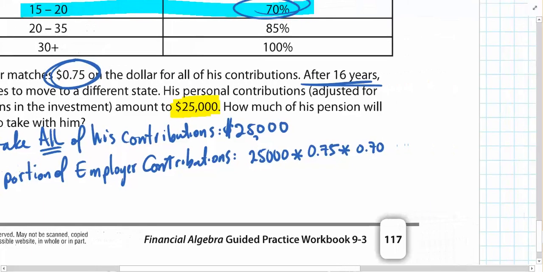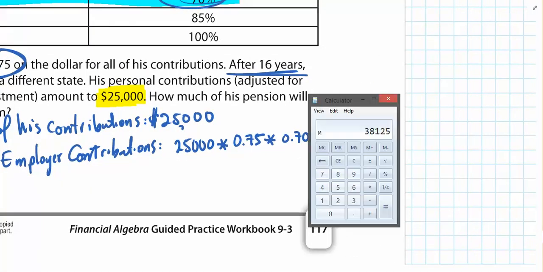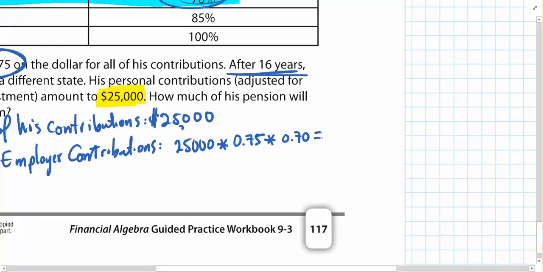So 25,000 times 75% times 70% is $13,125. $13,125 that he can take from this pension system.